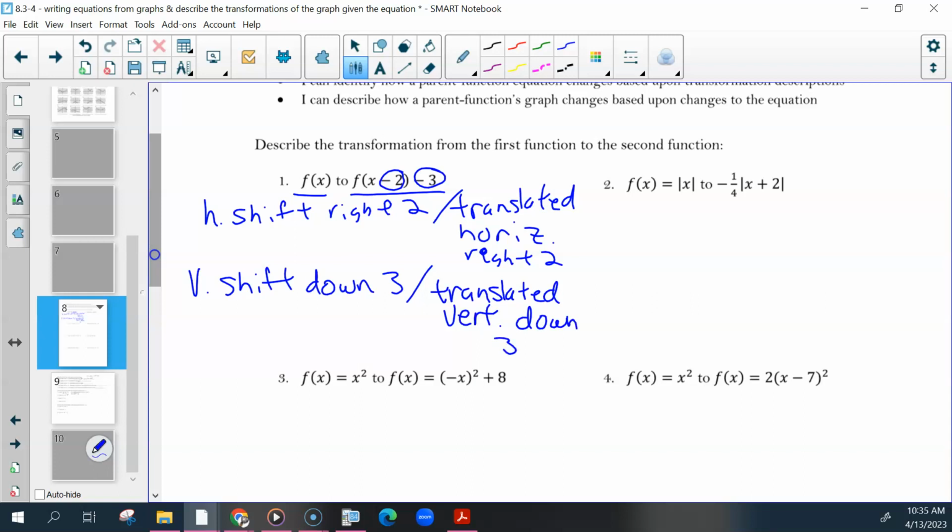And that's it. As long as we know what the transformations are and are able to write them, then we're good. Do you have any questions on number 1? And then we're going to do number 2.